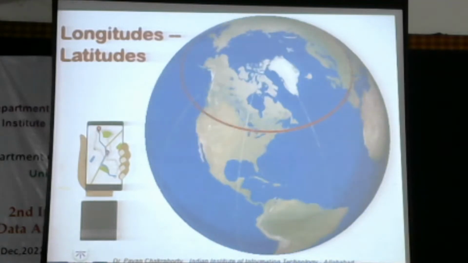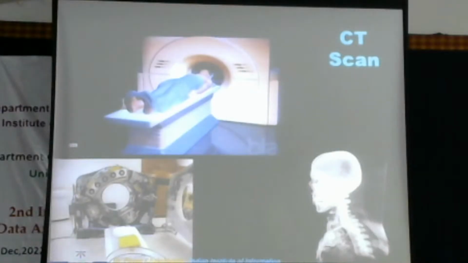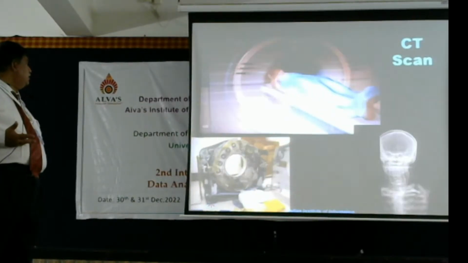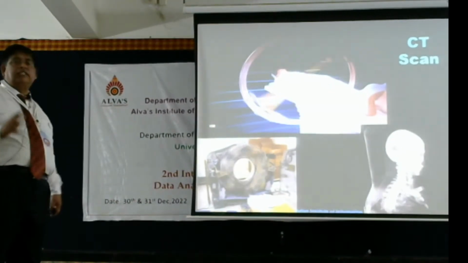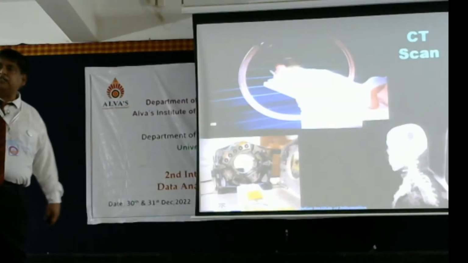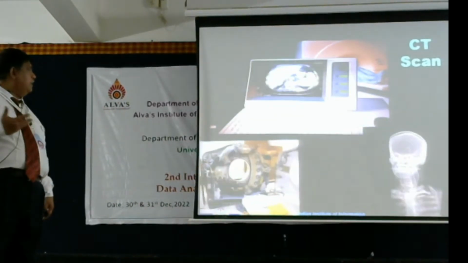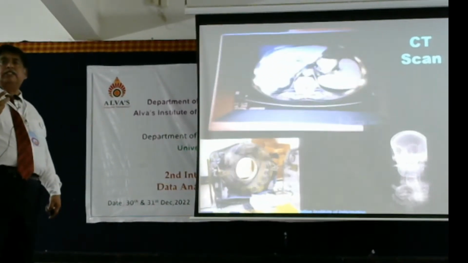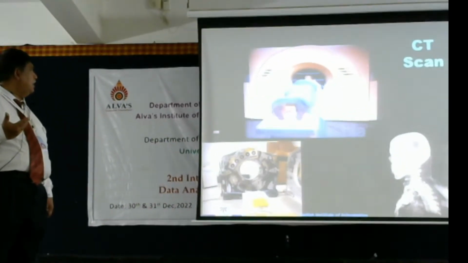Similarly, visualization of GPS coordinates when you move in a car. So these are a few other visualizations where you do a CT scan, and from the CT scan I can generate another dimension of the data. When a body is scanned, you can get a three-dimensional picture of the skeleton from these CT scan images.